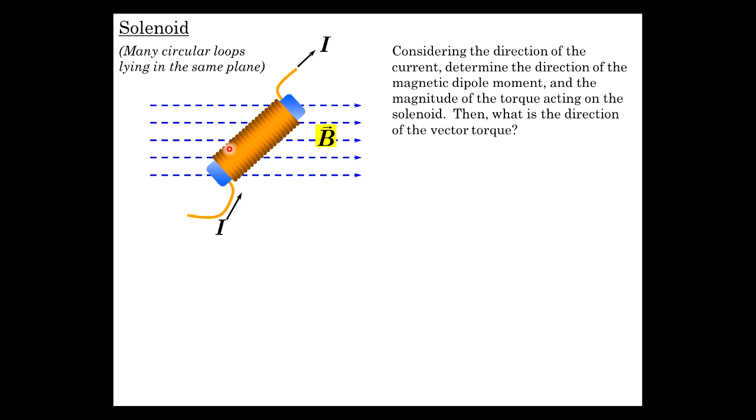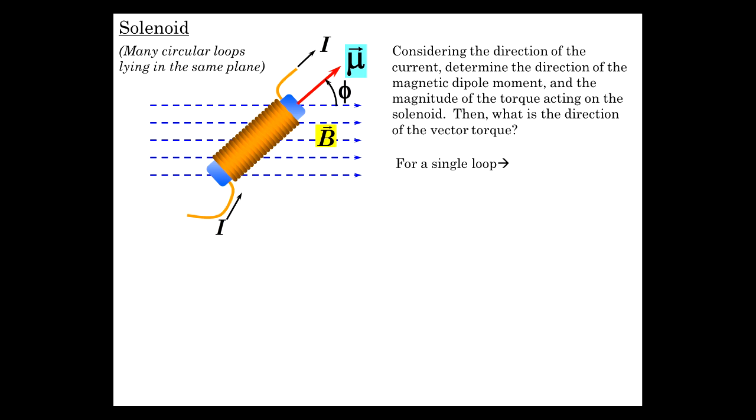So you should have your fingers coming around here, and your thumb will point in the direction of the magnetic dipole moment. So there it is. That's the direction. It turns out that the direction of that dipole moment is such that it's trying to align itself with the external magnetic field. So there'll be a torque trying to twist the whole thing into alignment with the external B field.